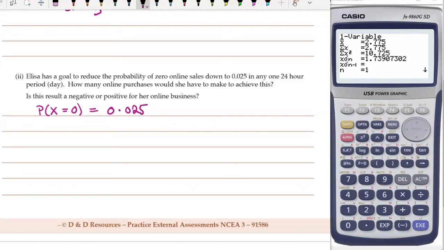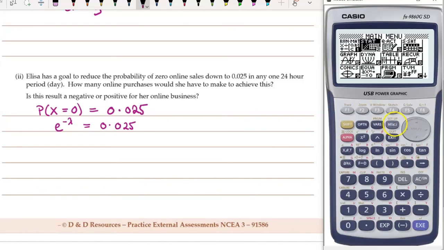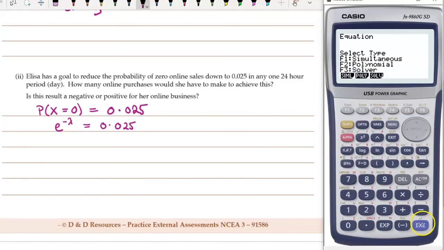Now this is a Poisson type of distribution because we're looking at the number of purchases in a time period. So if we're doing inverse Poisson to find out lambda, the average number of sales, then e to the minus lambda is got to be equal to 0.025, because that's the probability x equals 0 is e to the minus lambda. So let's solve that equation.